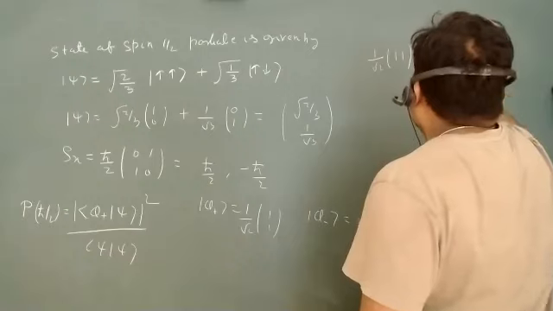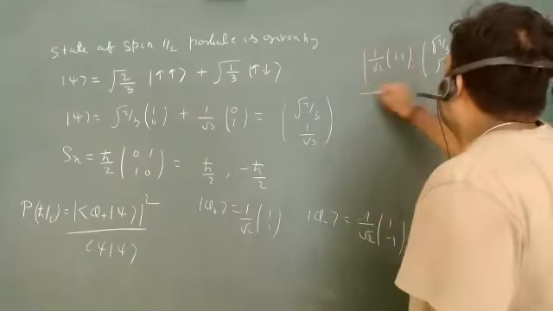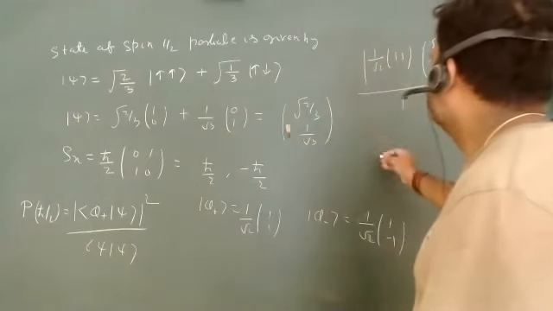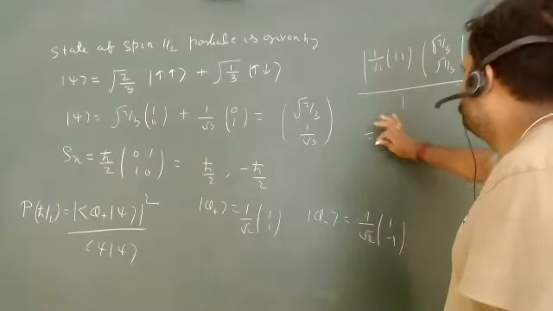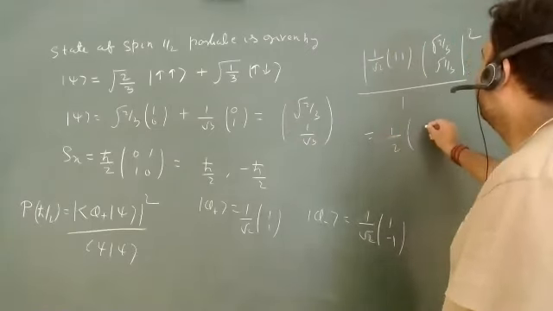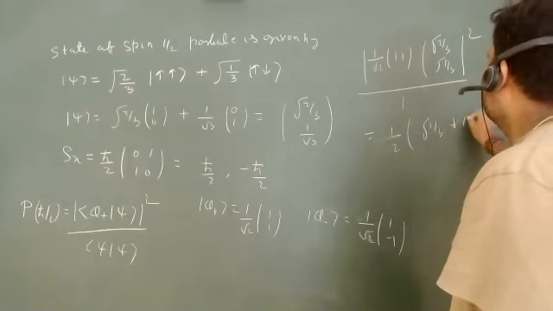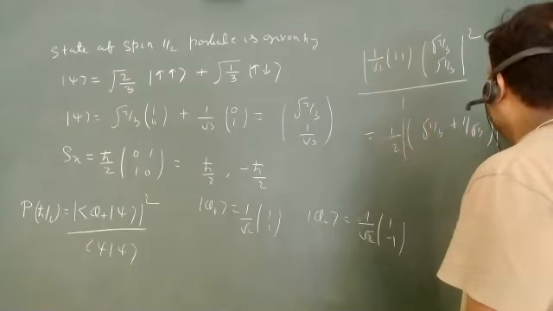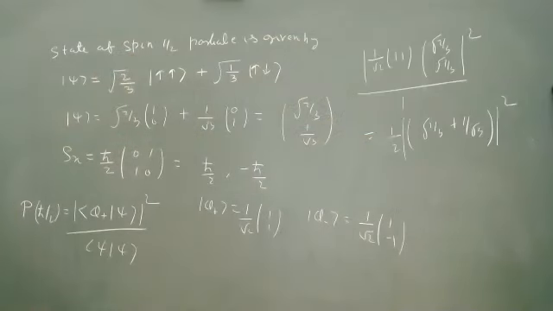Don't worry, this is normalized, this is 1. So what you will get? You will get |1/√2 (√(2/3) + √(1/3))|². Same answer you will get. You can just check it.